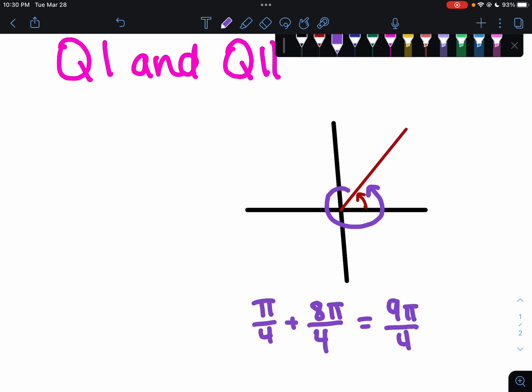Well, 9 pi over 4 is a valid answer to this question. So we have to take into account any possible angles. If I wanted to do another full revolution around, I could, and I would get a different angle.